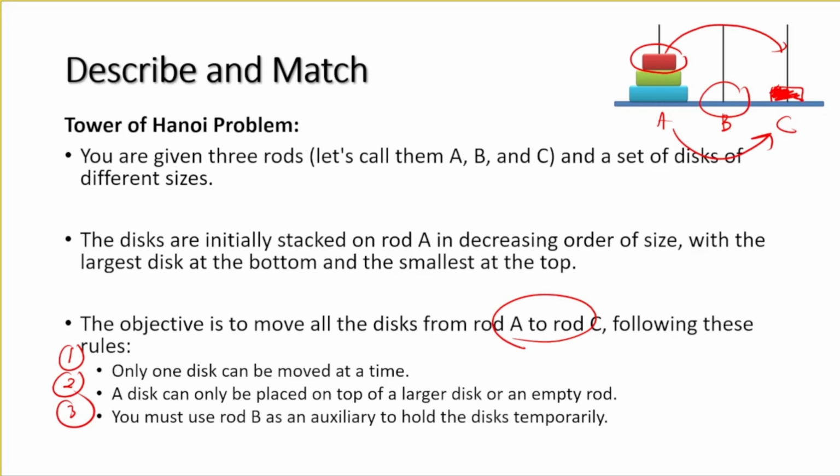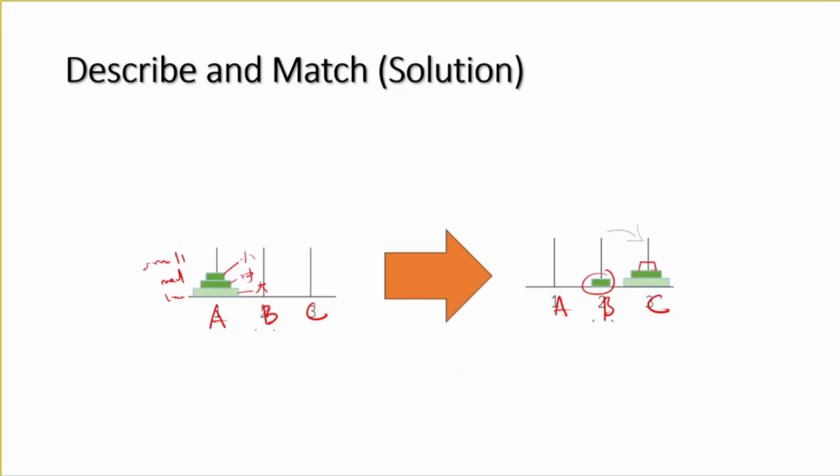For example, a disc can only be placed on top of a larger one. For instance, if we move this disc to be here, okay, let's say here, for the second step, this one cannot go here, because the larger cannot be on top of the smaller, right? So the choice that we have for the medium is to be here.